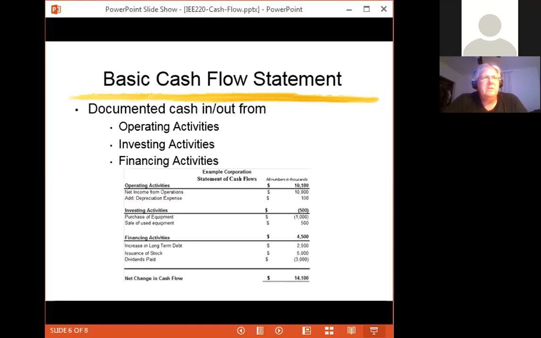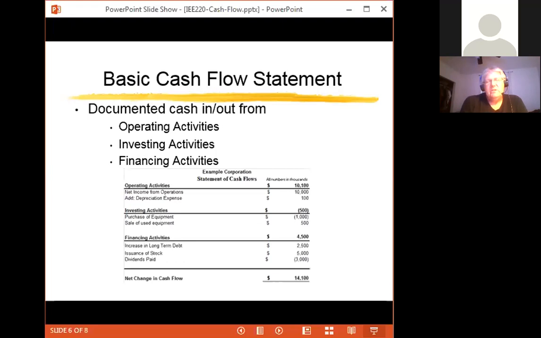In the form of investing activities, the company may choose to purchase equipment, sell equipment, purchase land, purchase a building, sell a building, any of those kinds of things where the expense, when it goes on the income statement, really just shows up as depreciation expense.